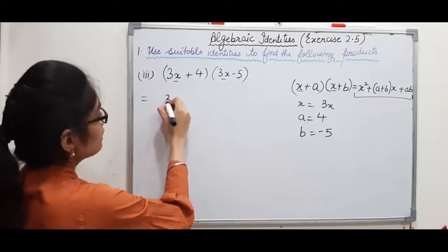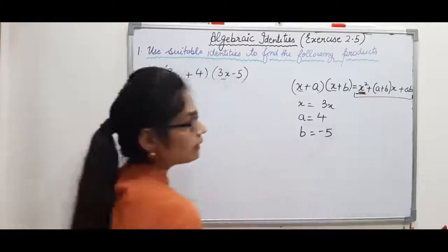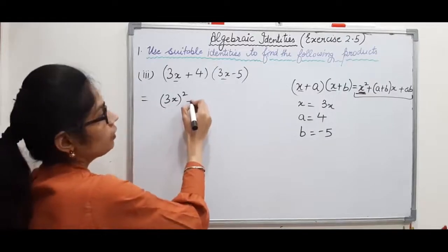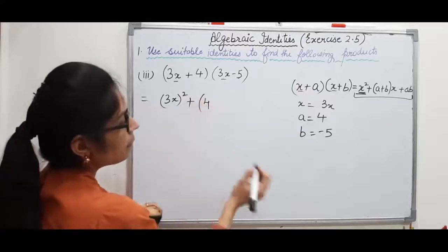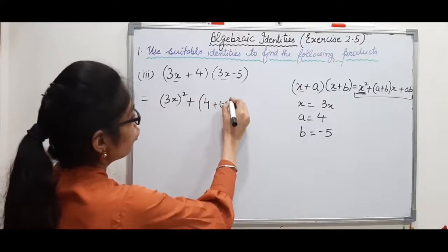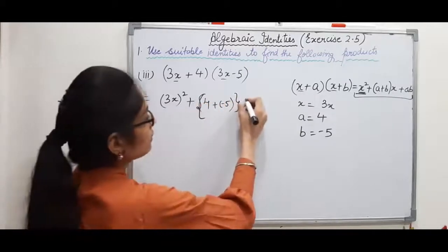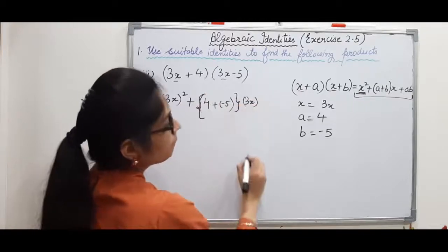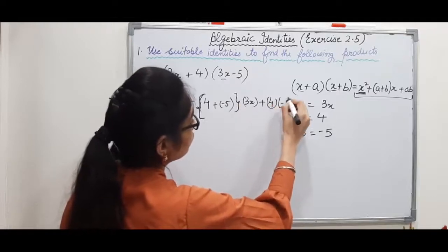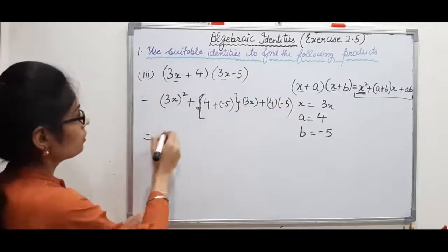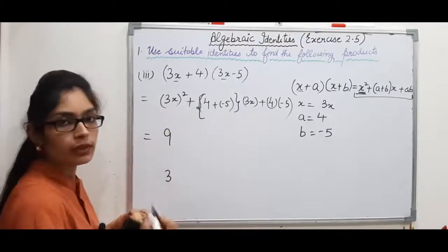So the first one is x square, so I will write it as (3x) square, because x is 3x now, plus (a plus b), a is 4, b is minus 5, so (4 plus minus 5) into x, so x is 3x, plus a into b, a is 4, b is minus 5. (3x) square means square of 3 and square of x also.